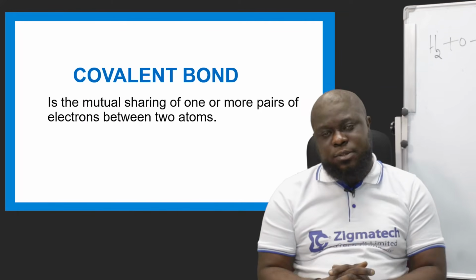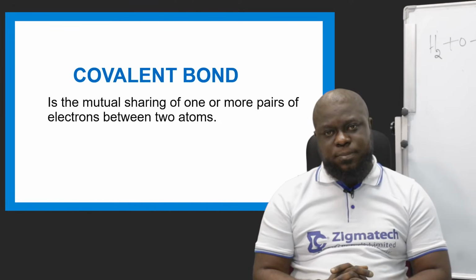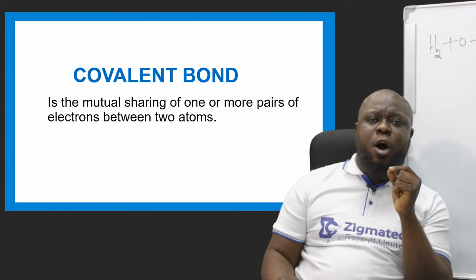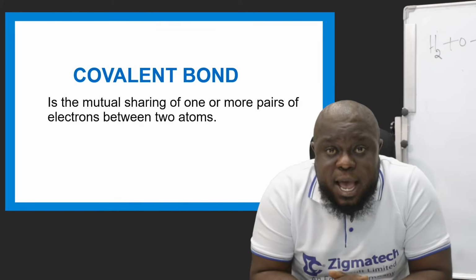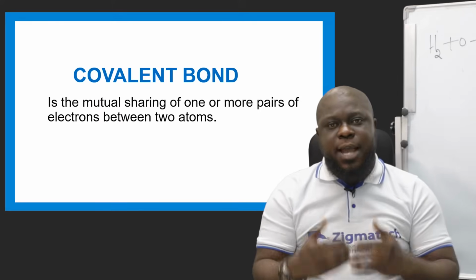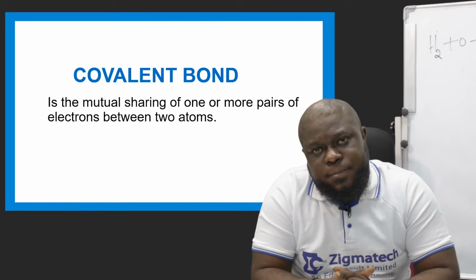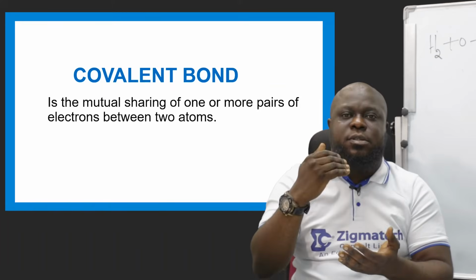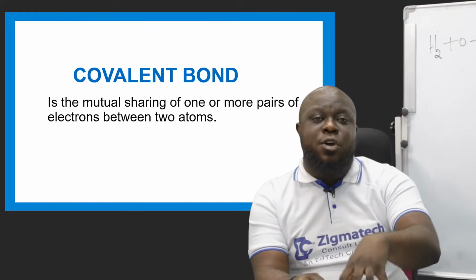The hydrogen bond is defined as the bond between hydrogen and electronegatives. What do I mean? Hydrogen and non-metals, hydrogen and gases, hydrogen and liquids, hydrogen and any element that is not a conductor. That bond is called hydrogen bond.